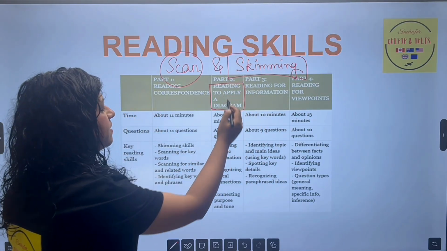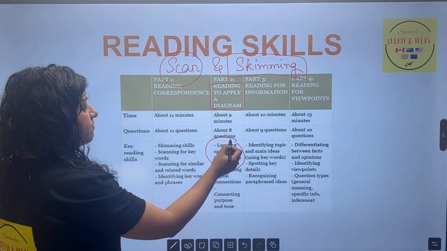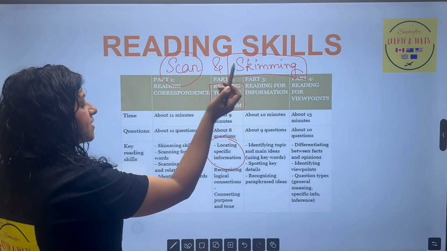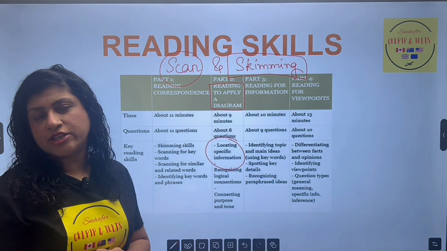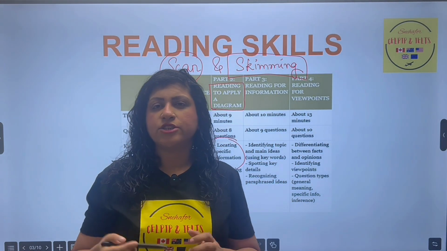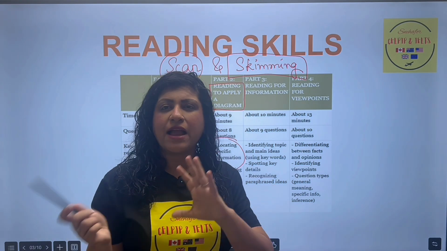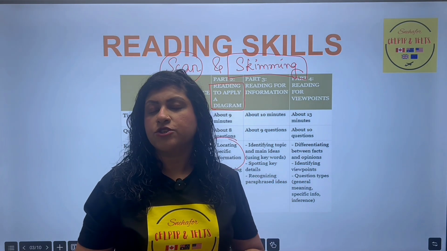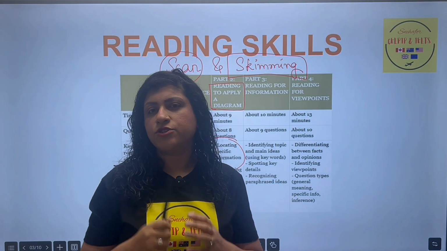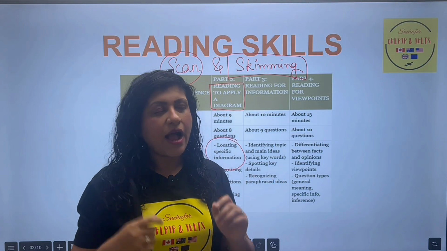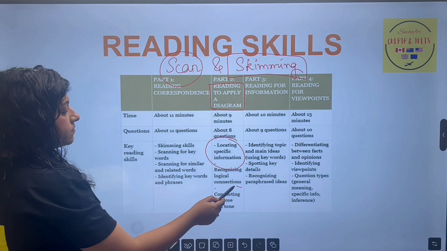So definitely we'll be locating specific information. We'll be skimming. We will have to make logical connections. So the logical connections are between text and the diagram given. So based on the diagram, how can you logically deduce certain answer? That you'll have to do.